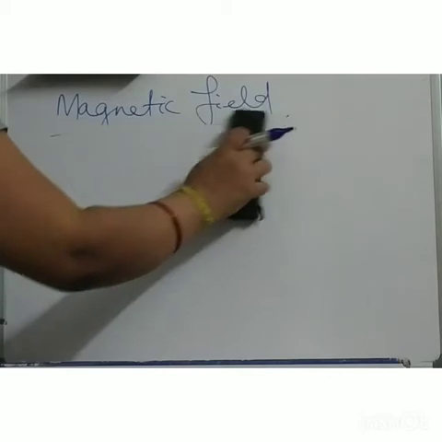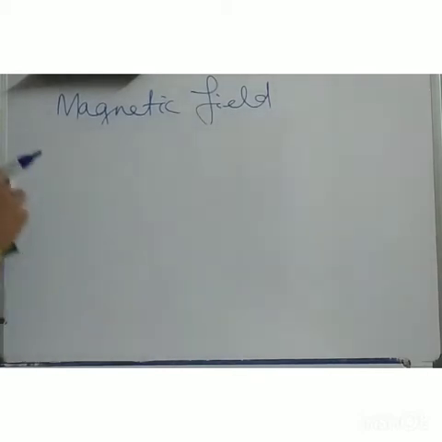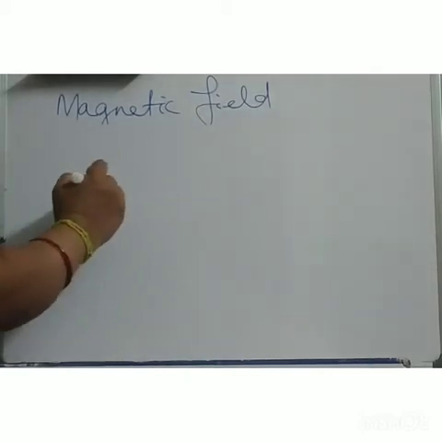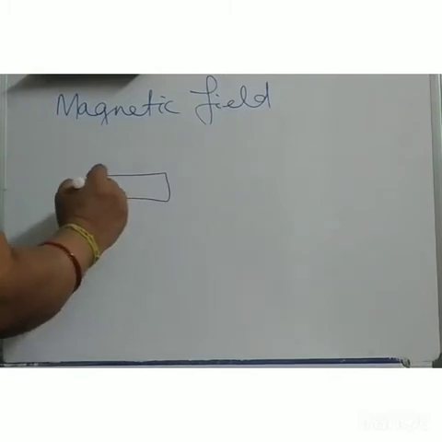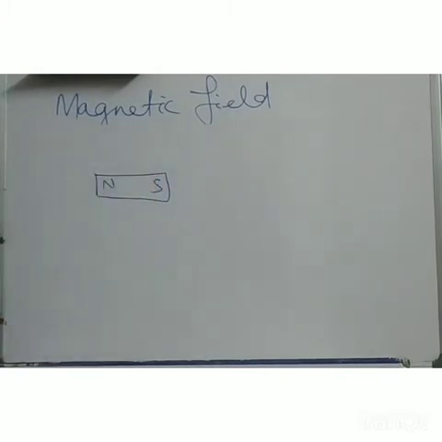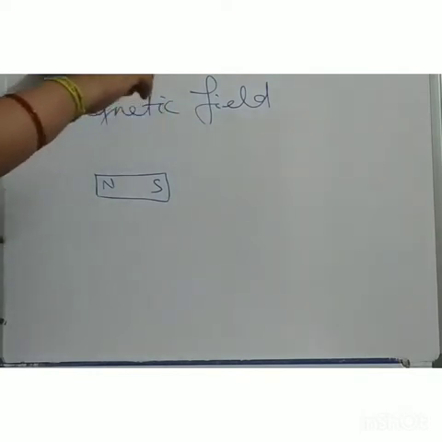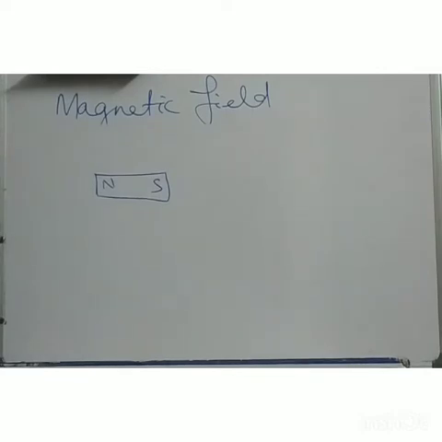I think everybody has done this experiment in the lab. Suppose you keep a bar magnet over here and sprinkle iron filings, very small particles of iron, like iron dust.